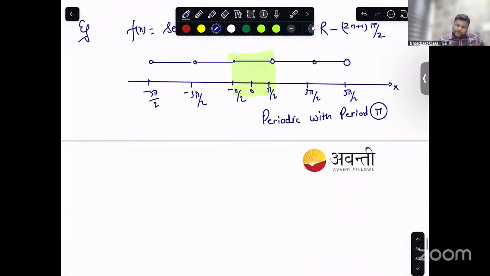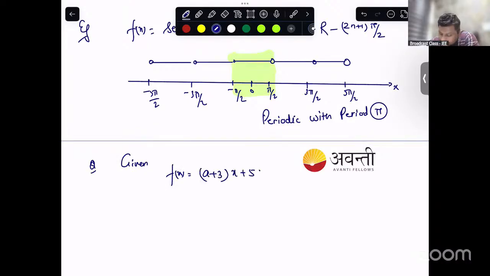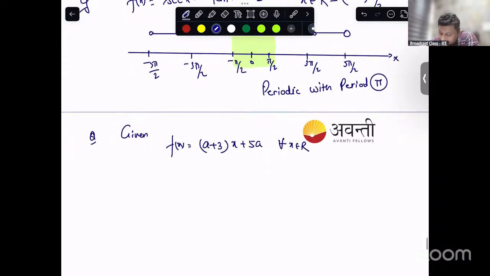Now, write down the question. Given f(x) equals (a plus 3) into x plus 5a for every x belonging to R. If it is periodic, find the value of a.